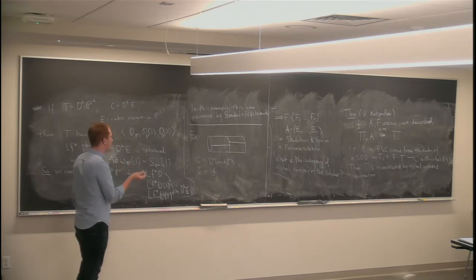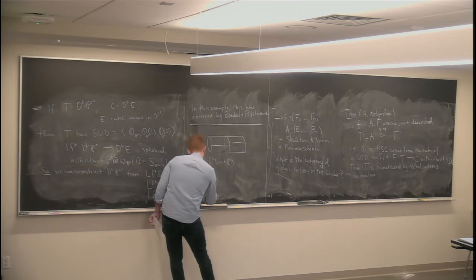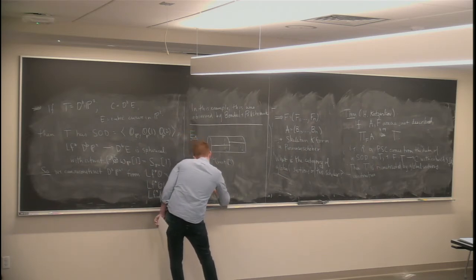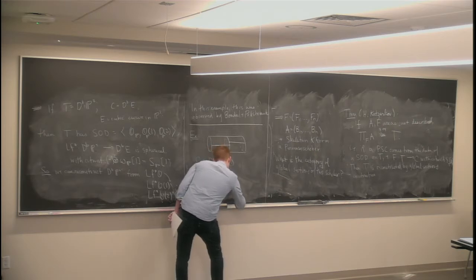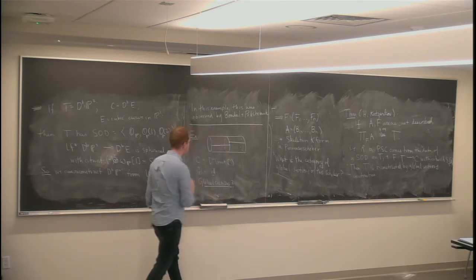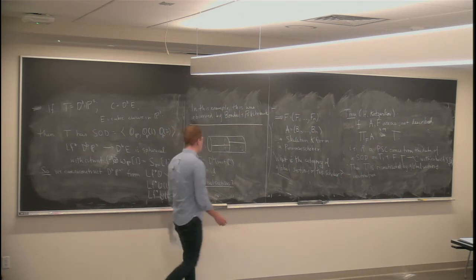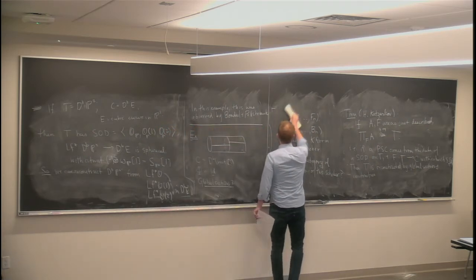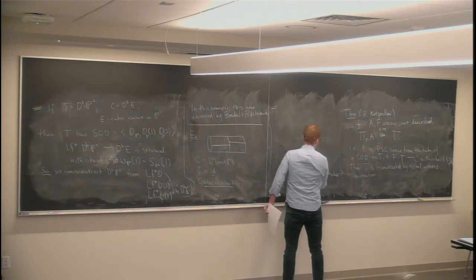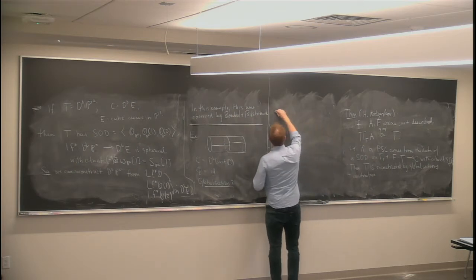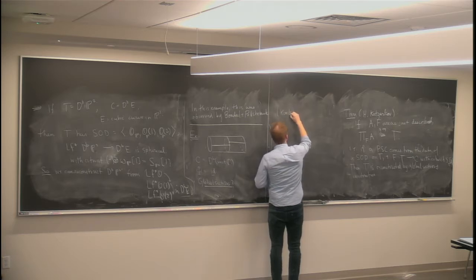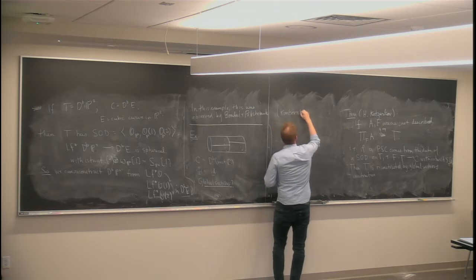So what happens if I take global sections? What are global sections when I do this? It's a theorem of, I think, Kontsevich claimed this, probably proved it, I don't know.